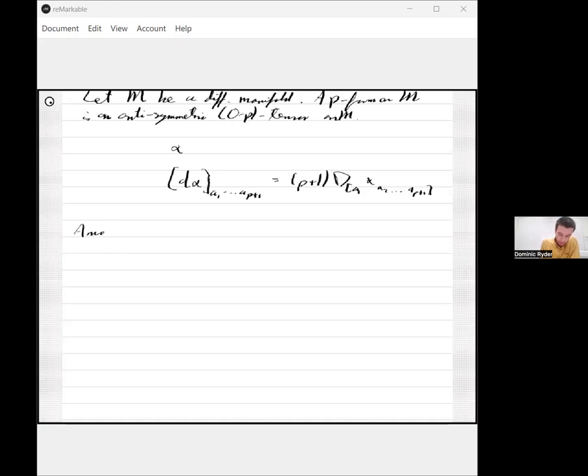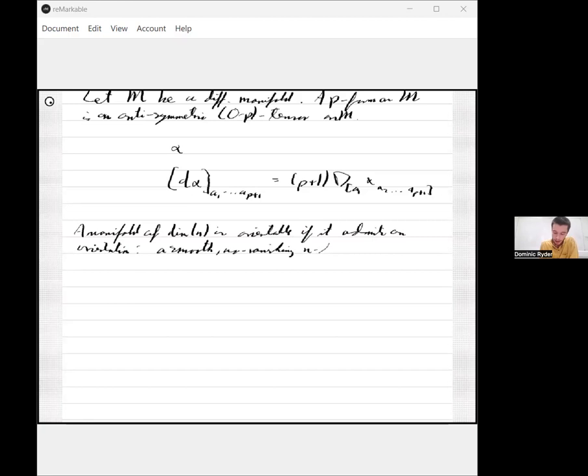A manifold of dimension n is orientable if it admits an orientation. An orientation is a smooth, nowhere vanishing n form. We're going to call it epsilon a1 to an. Okay?